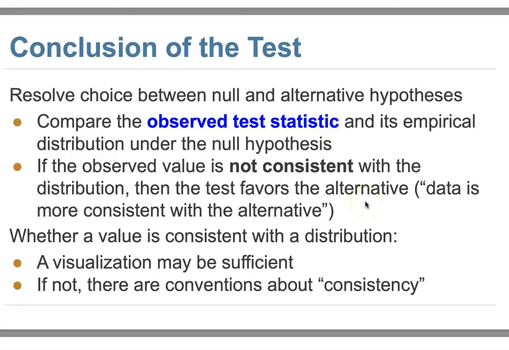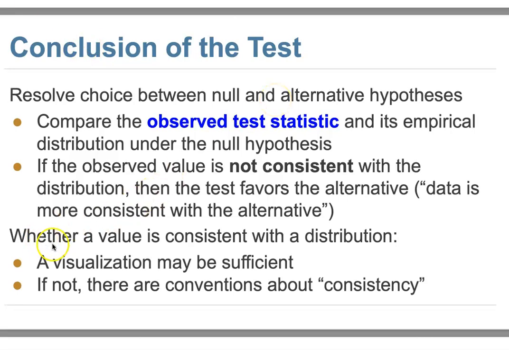If your observed statistic is in the middle or even better within our empirical distribution, then we say the observed value is consistent with the distribution, and we will favor the null hypothesis.